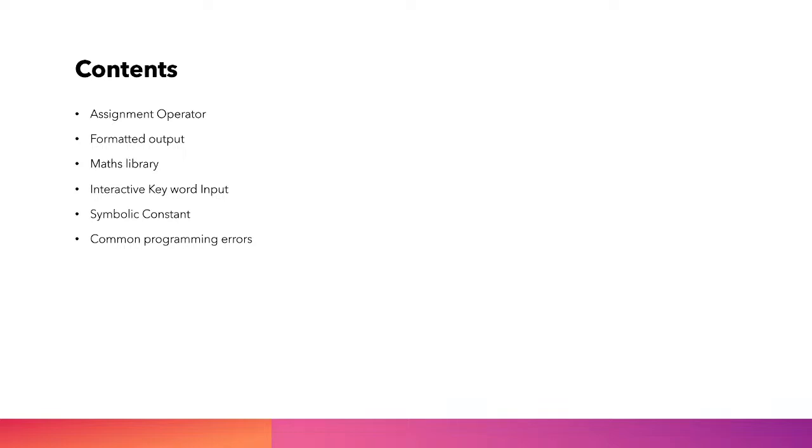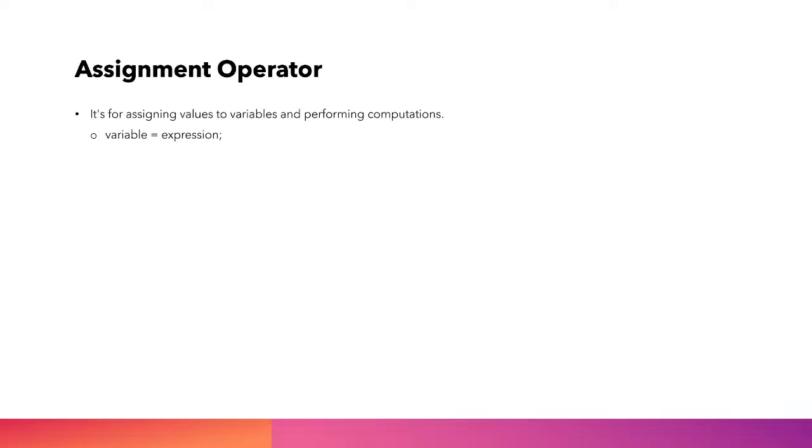These are the contents that will be taken care of: assignment operator, formatted output, math library functions, interactive keyboard input, and symbolic constants for constant variables, and also some common programming errors. There are a lot, but I'll just touch some.